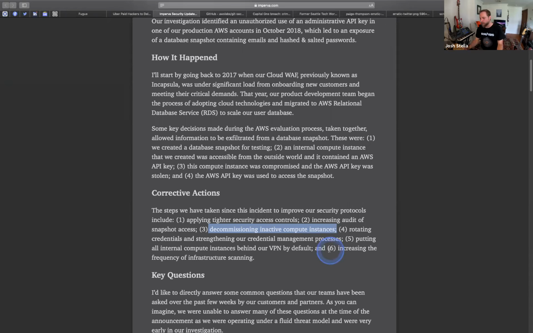I won't read through all of these, but you kind of get the point, I hope, that these two hacks, the Uber hack and the Imperva hack, were both bad guys getting to their AWS credentials, and then those credentials being valid maybe longer than they should be. So these are actually very simple exploits. These are very common and simple exploits.